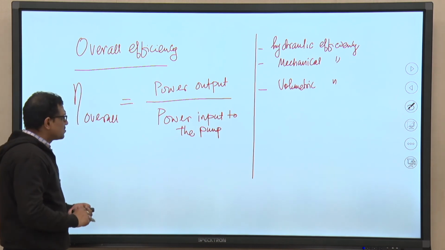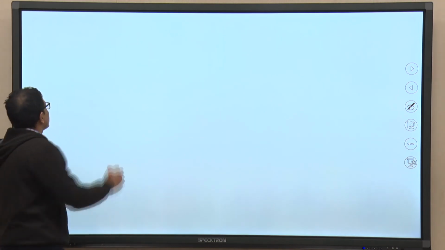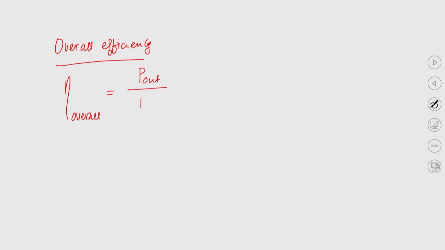Now the question is, if we write this overall efficiency, eta overall, that is output power P out divided by input power P in.